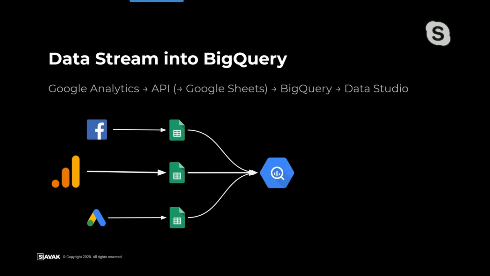So instead of doing formulas and VLOOKUPs and things like that, which were slow and limited, we brought our data sources as tables in BigQuery, and we used SQL to do the data transformation.